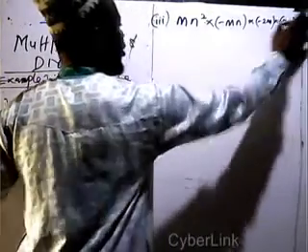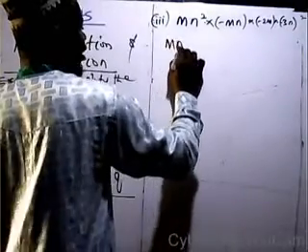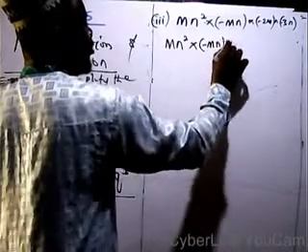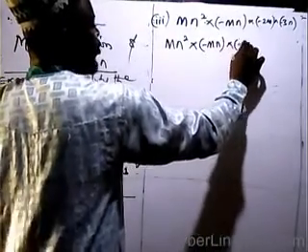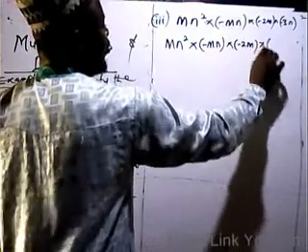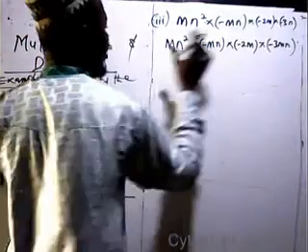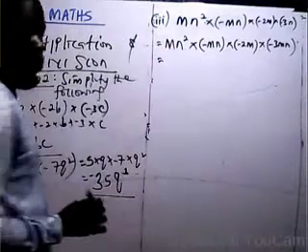Let me write this: we have mn squared multiplied by minus mn multiplied by minus 2n multiplied by minus 3mn. So this is the question we have, and we are to simplify it.